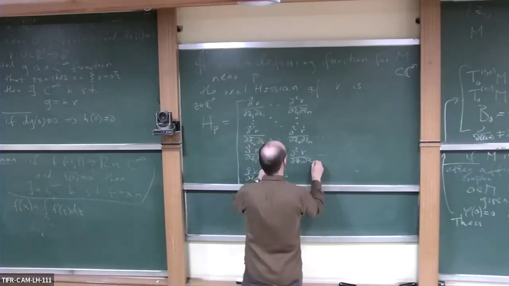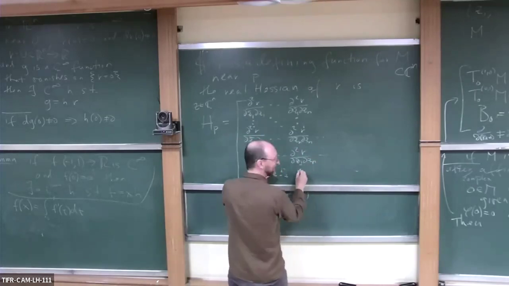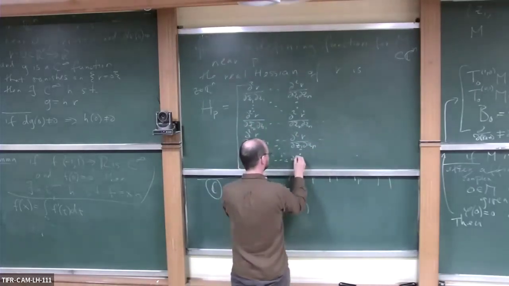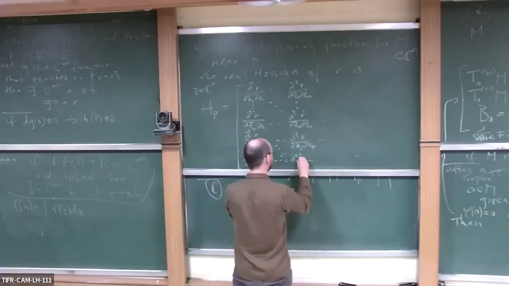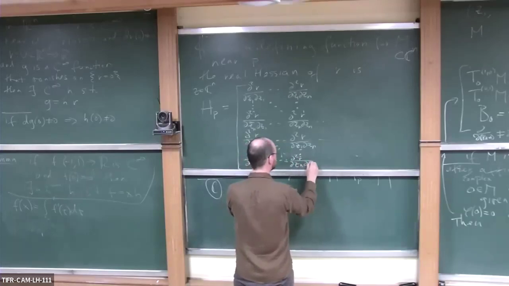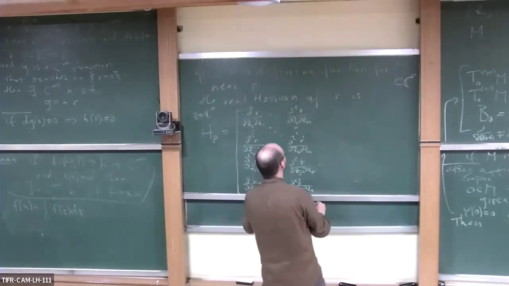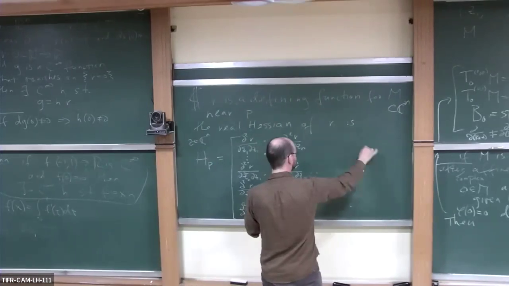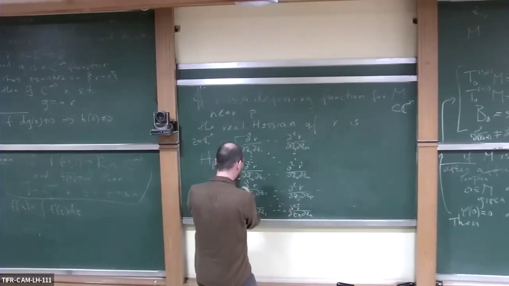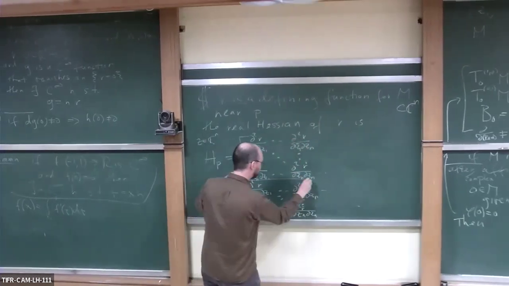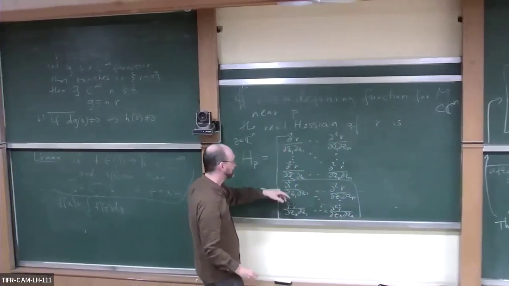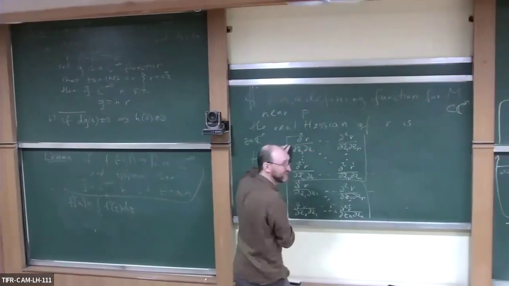It's easy to get this wrong. Then over here I'm just going to get the Z bar. So notice here, in this block over here, I'm just getting the Z's. Here it's a mixed thing, right?